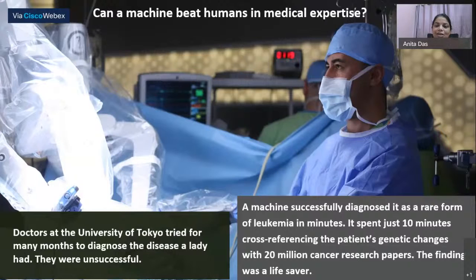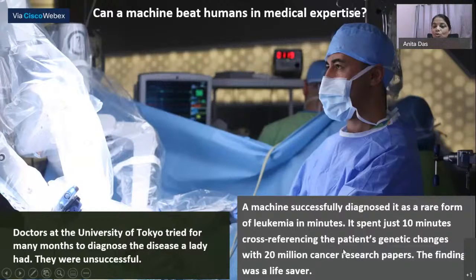After that, what happened? They fed the symptoms of the patient and the genetic changes to a machine, and the machine could successfully search the symptoms against 20 million cancer research papers.